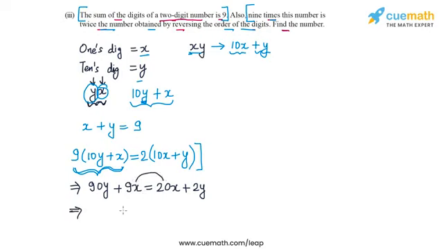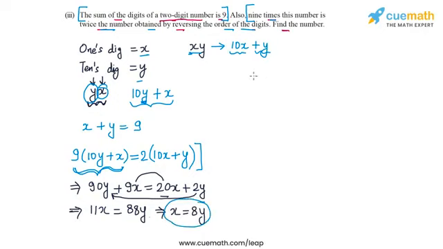So 9x, I take it to this side and subtract it from 20x, so I will get 11x, and then I can subtract 2y from 90y, so that gives me 88y. So 11x is equal to 88y, or x is equal to 8y. So this is the second equation in x and y, x equal to 8y.